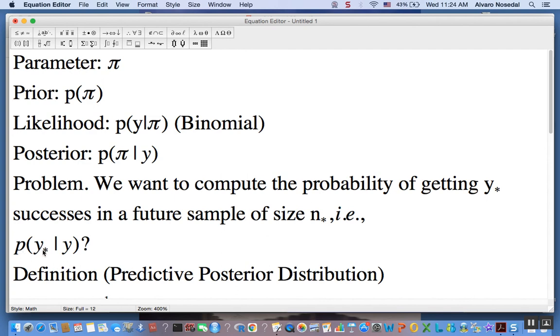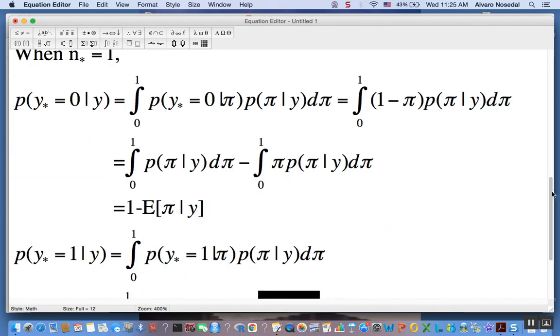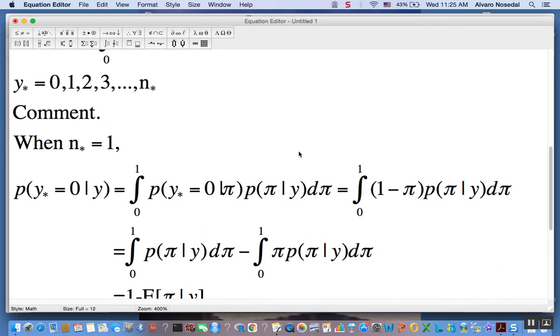So the probability of observing y star given information coming from an independent and previously observed sample y, the definition is, for this kind of likelihood, the integral from 0 to 1 of the following product, the probability of y star given pi times the posterior, and then we integrate with respect to pi.